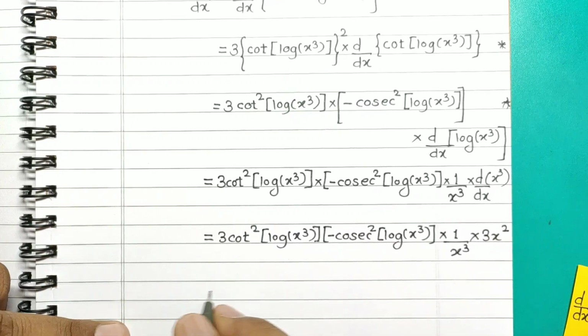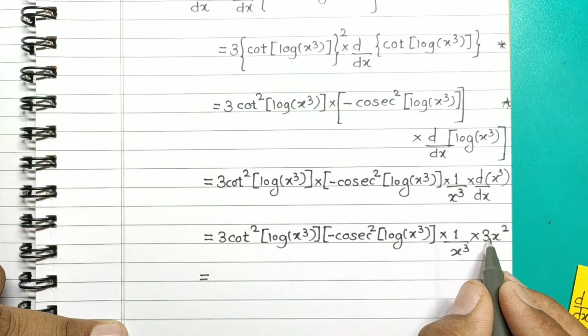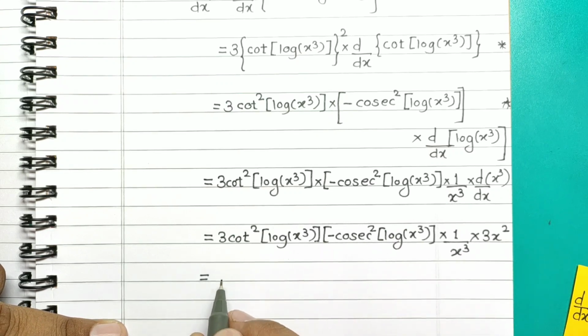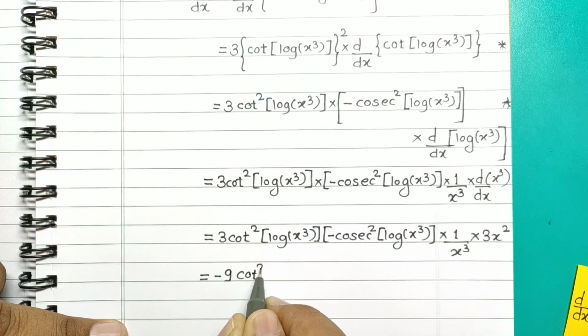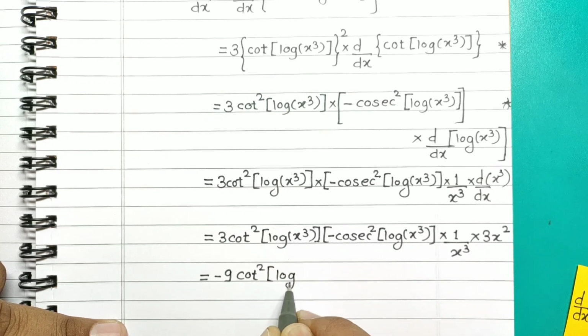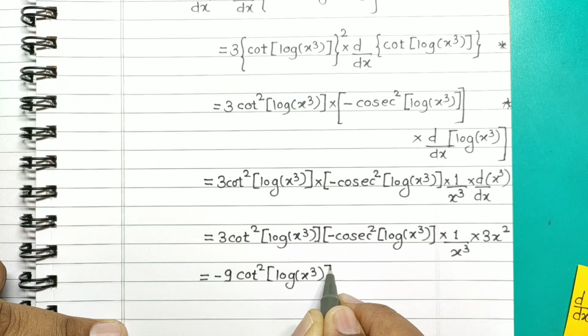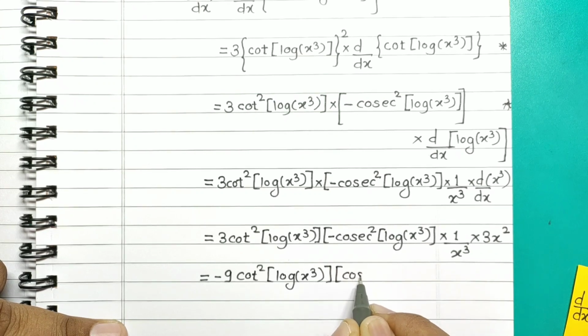So this x square gets cancelled, and 3 into 3 is 9, with this minus sign, so this is minus 9 into cot square of log of x cube into cosec square of log of x cube.